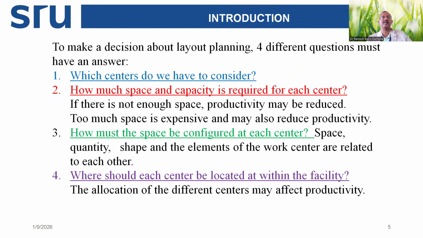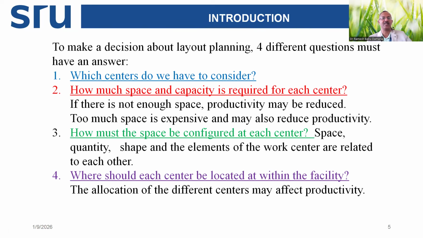To make a decision about layout planning, four different questions must be answered. First one is, which centers do we have to consider? These are the manufacturing centers. Second, how much space and capacity is required for each center? If there is not enough space, productivity may be affected. Too much space is also expensive and can reduce productivity.